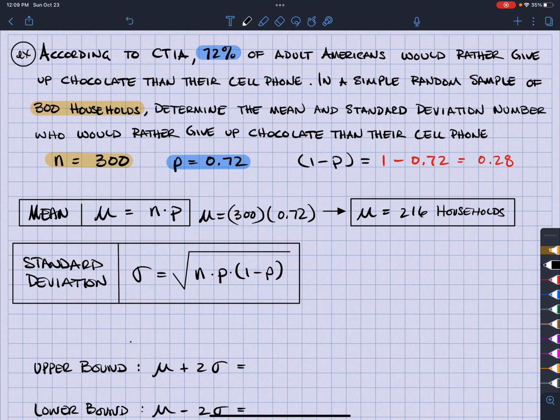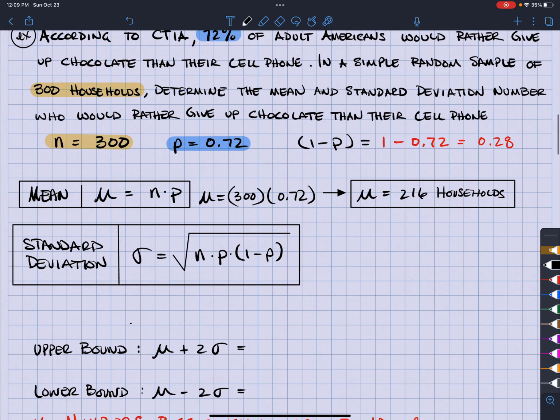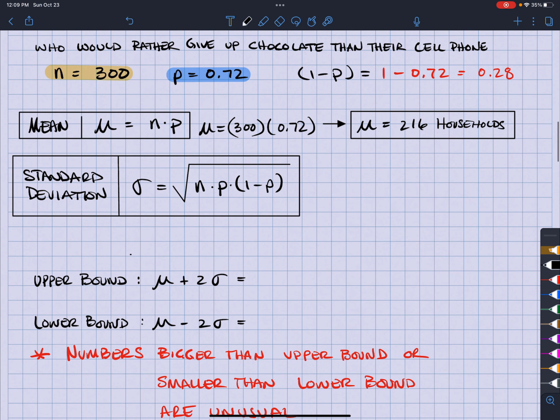All right, and the standard deviation is going to be the square root of the number of trials times the probability of success times the probability of failure. So let's duplicate that and bring that up here. I have to have the number of trials times the probability of success times the probability of failure.